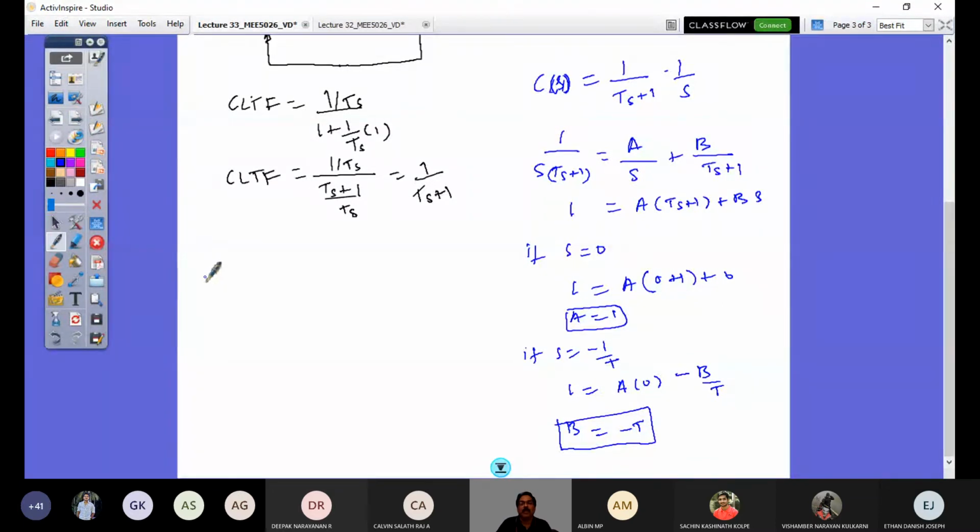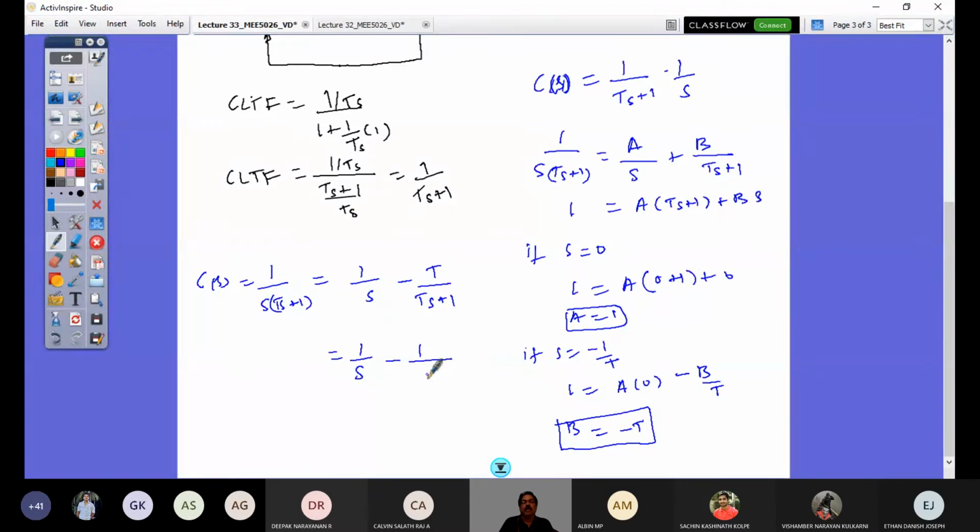That is now going to be, a is 1, so 1 by s minus b is t, minus t by ts plus 1. So I can rewrite this as 1 by s minus 1 by s plus 1 by t, and this is my c of s.